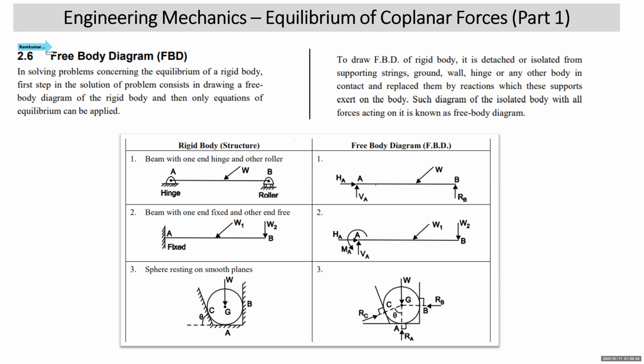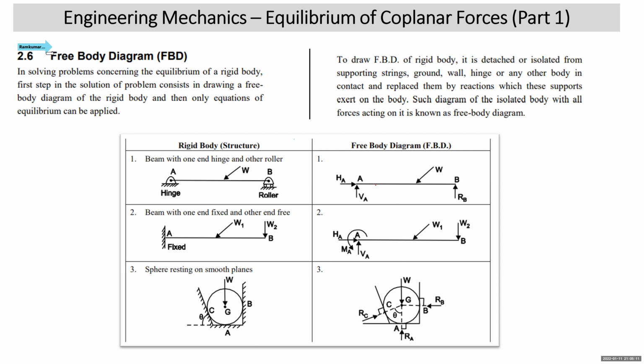Drawing the free body diagram is the most important part in the solution of the problems of equilibrium, because unless you draw the free body diagram, you do not understand whether the body is forming a concurrent force system, parallel force system, or general force system. After we have drawn the free body diagram, we understand which force system it is, and accordingly the equilibrium conditions are applied. So we say that drawing the free body diagram is the first step towards the solution of the problems of equilibrium.